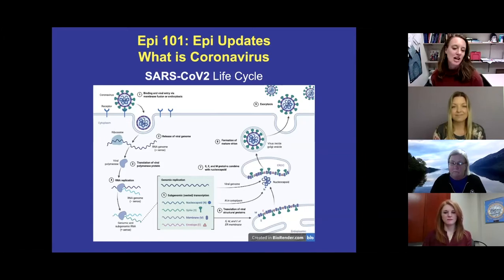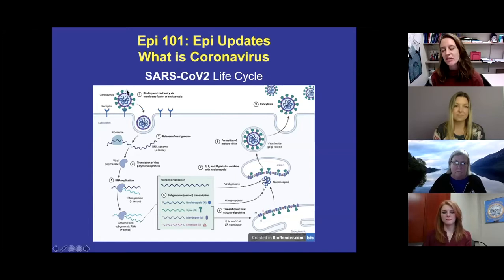So this is a kind of a complicated slide and we don't need to go through every step of it, but what we're looking at is a model that shows the life cycle of the SARS-CoV-2 virus. And what I wanted to point out is that the spike protein on the surface of the virus binds to receptors on the surface of our cells.